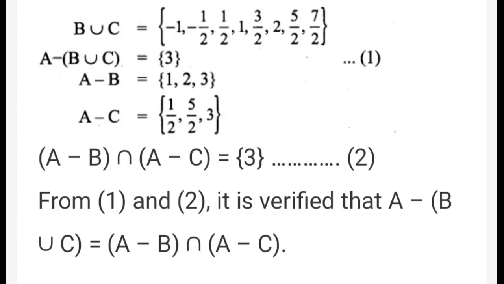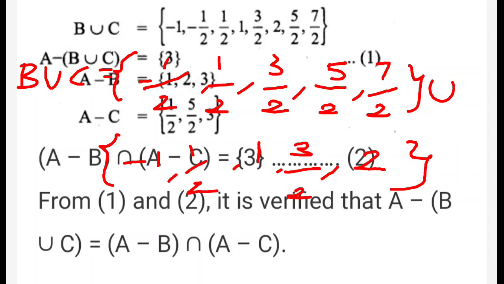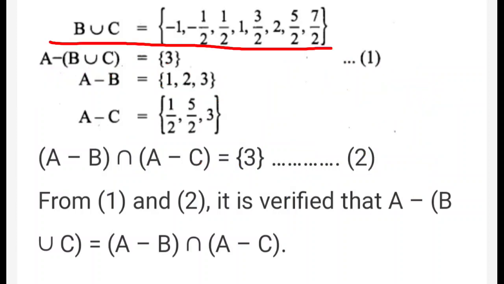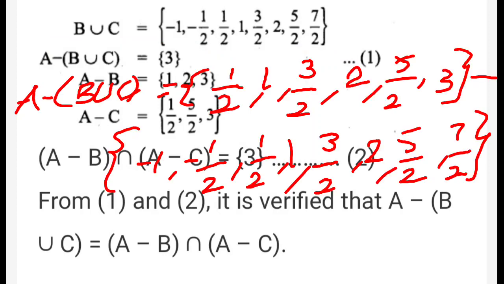First step, B union C. Then B union C is equal to {minus 1 by 2, 1 by 2, 3 by 2, 5 by 2, 7 by 2} union {minus 1, 1 by 2, 1, 3 by 2, 2}. Therefore, B union C is equal to {minus 1, minus 1 by 2, 1 by 2, 1, 3 by 2, 2, 5 by 2, 7 by 2}.